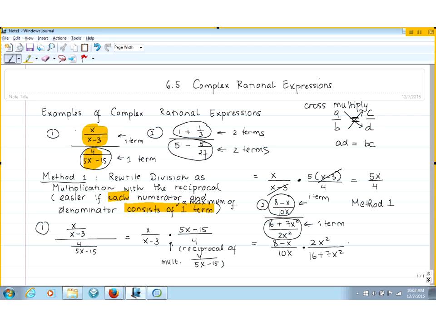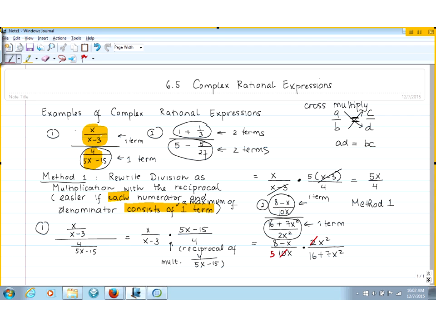Okay, so any common factor that we could cancel? Which one? How about this is x squared and this is x and this is 2 and this is 10? Can I cancel 2 and 10? Yes, it becomes 5. Good.